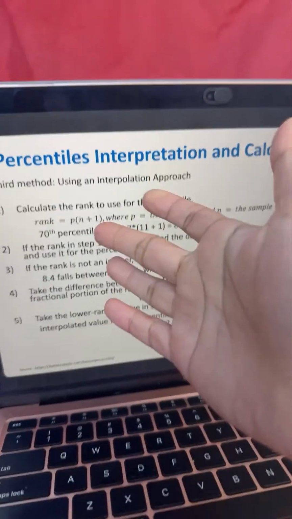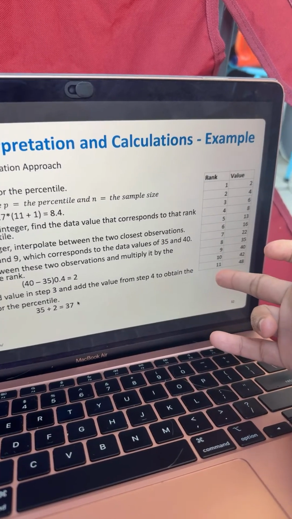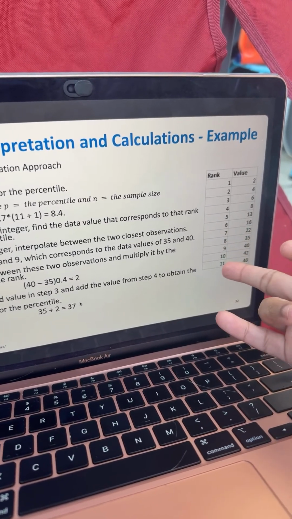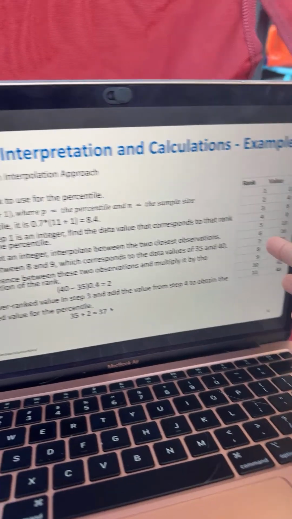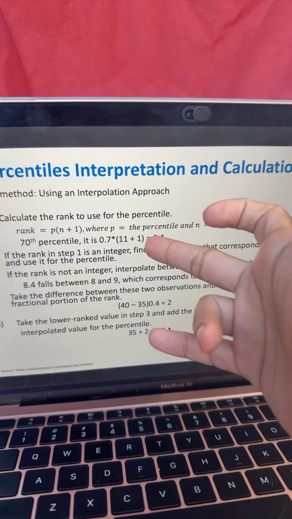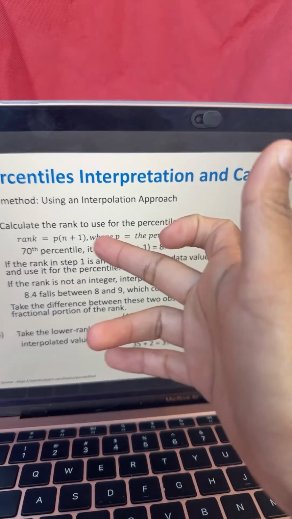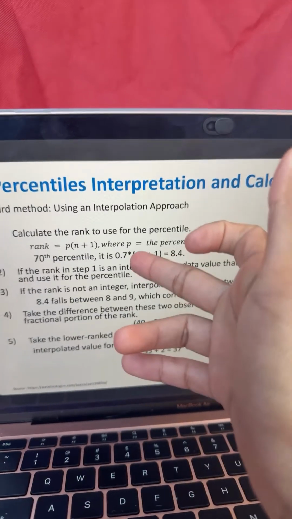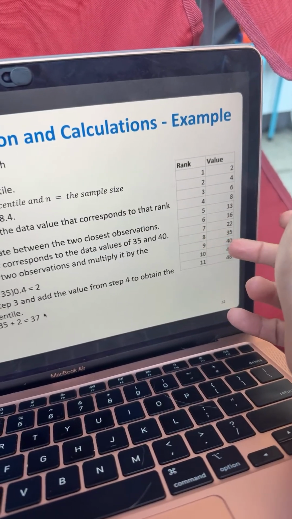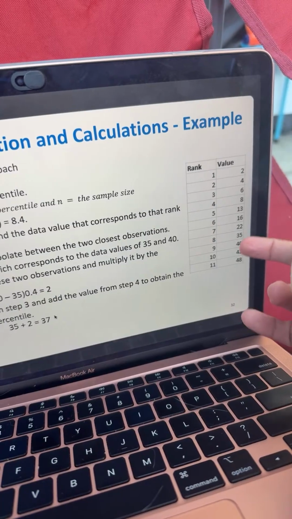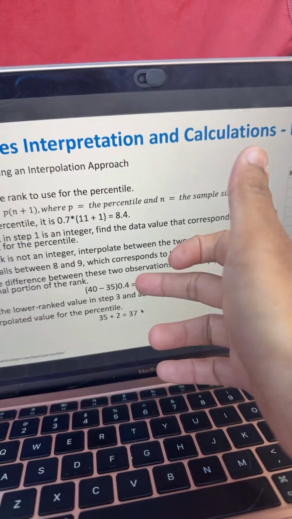Okay, so if you're trying to find the 70th percentile, you're doing 11 values plus 1, because that's the formula here, and then you multiply it by 0.7, because that's the 70th percentile, and you get 8.4. 8.4 is between 8 and 9, and then the fractional portion is 0.4.